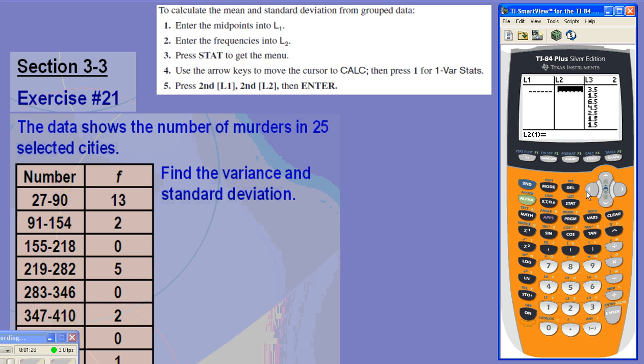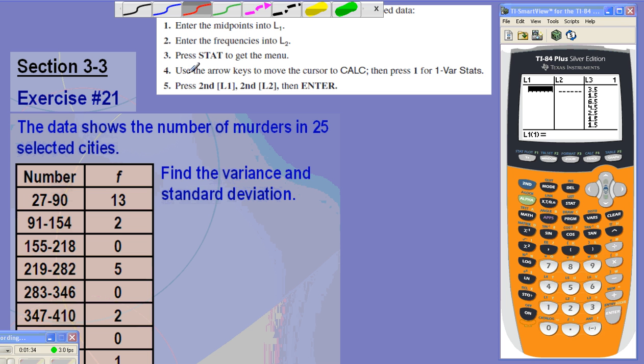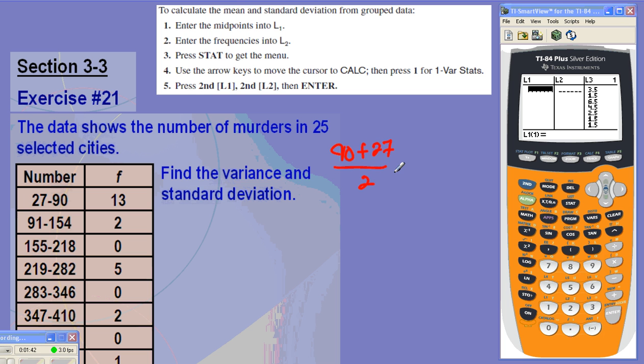Now, this next piece, you've got a couple options. Your first option is you can take your pen, write your list down, and find the midpoint. So I could say, okay, 90 plus 27 divided by 2. Well, that's 117 divided by 2.